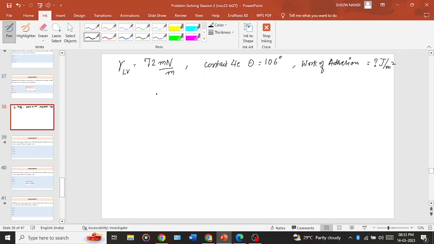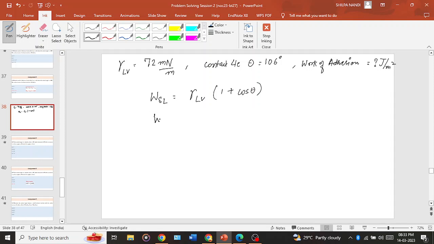So just using the Young-Dupré equation, what was the equation? WSL is equal to gamma LV times (1 plus cos theta). So we have gamma LV and we have cos theta. We just need to determine WSL.